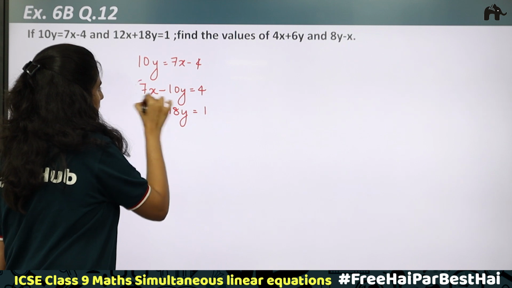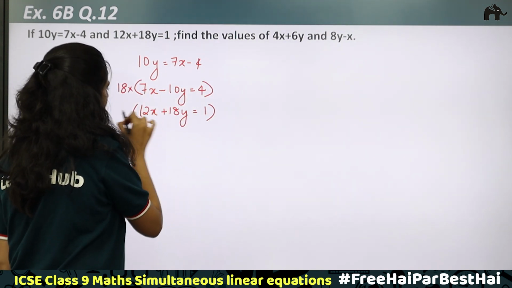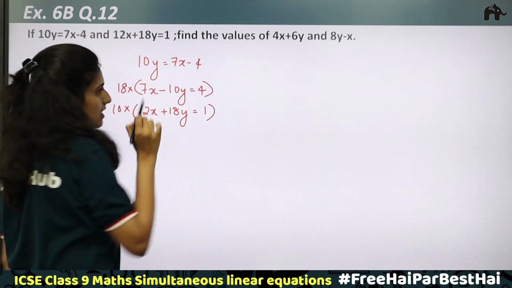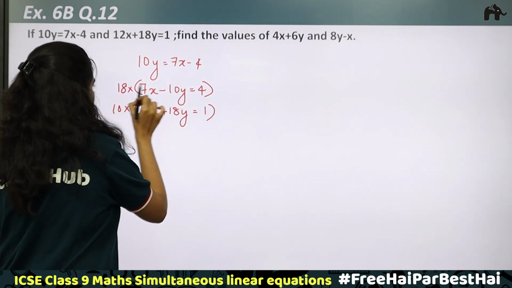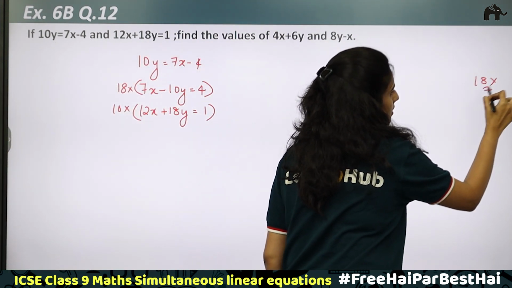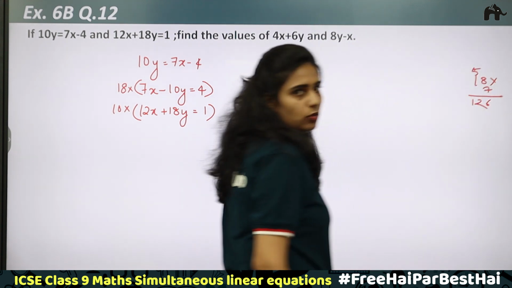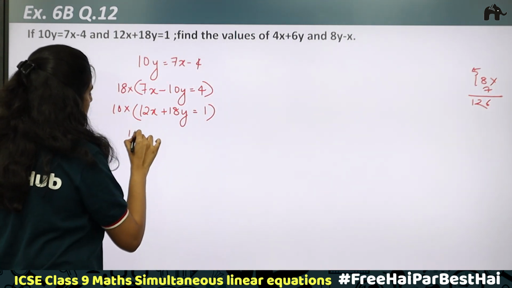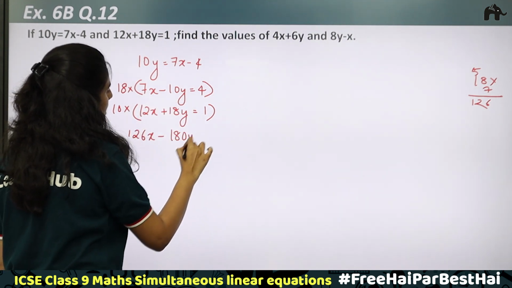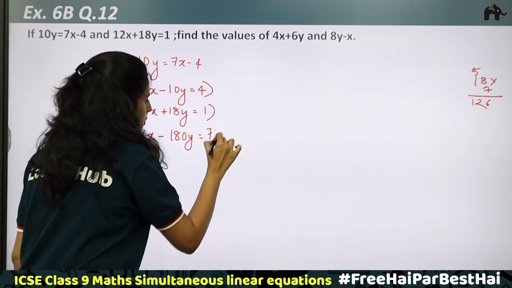So, here I am multiplying throughout with 18 and here I am multiplying throughout with 10. 18 into 7x, how much do we get? 18 into 7, what is 18 into 7? 126. So 126x minus 180y is equal to 18 into 4. 18 into 4 is 72.